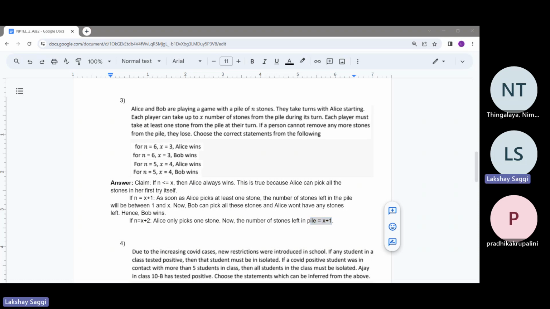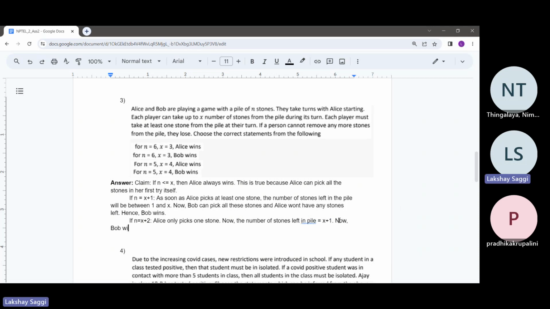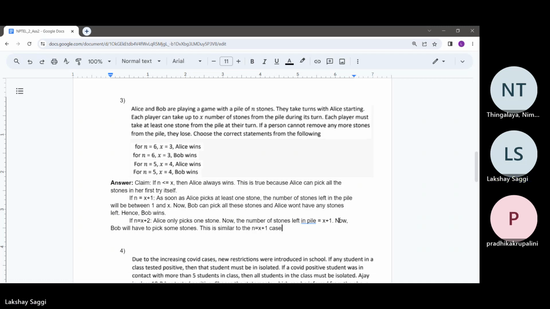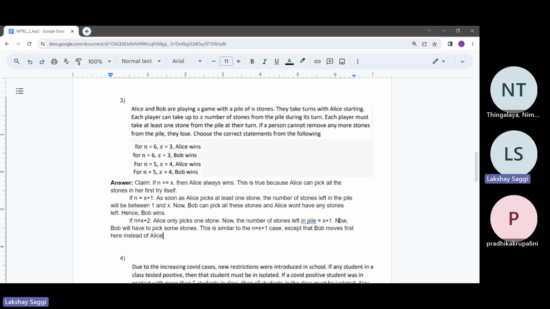I hope you see the argument here. Bob will have to pick some stones. This is similar to the n equals x plus 1 case, except that Bob moves first here instead of Alice.